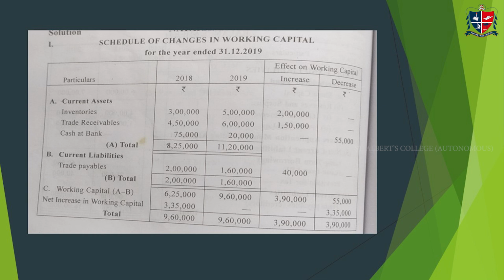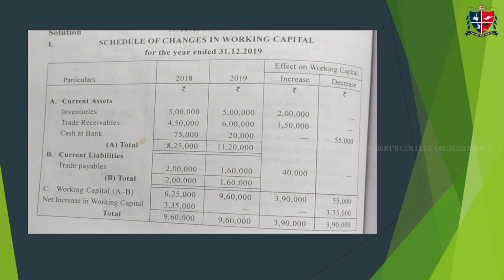Then we total up the increases column and decreases column. We add 2 lakh plus 1,50,000 and 40,000 and get 3,90,000. In the decreases column there is only one item, 55,000.